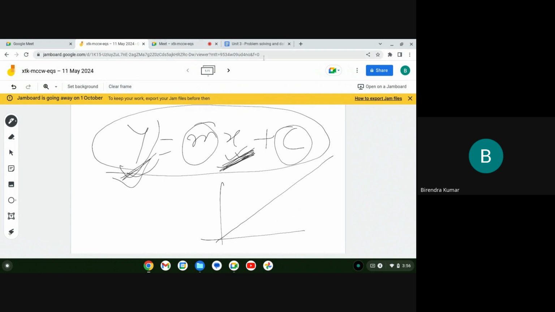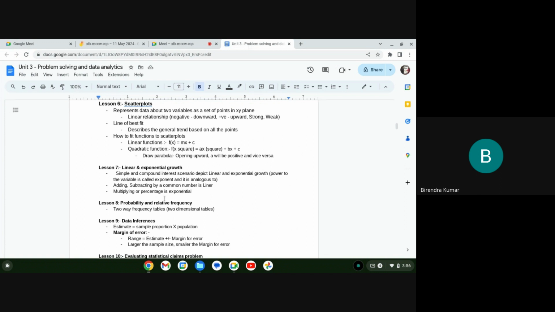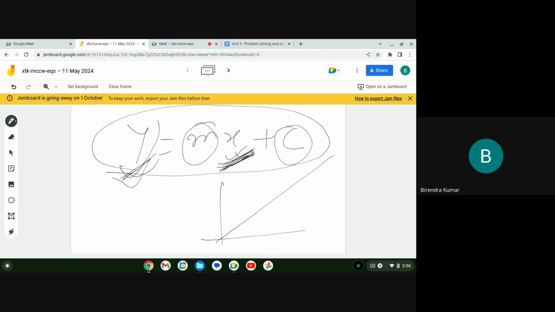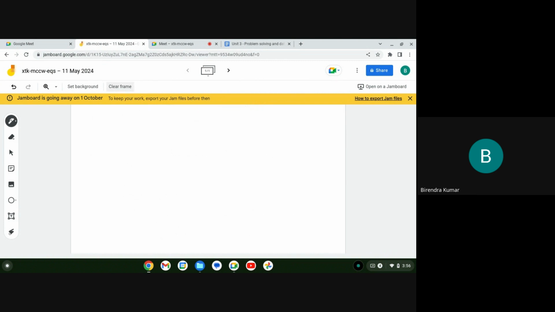So what are the examples of linear growth? Very simple. Adding or subtracting a common number is linear, or even multiplying. So here we are adding or multiplying by a common number, a simple calculation. That is an example of linear growth or a linear equation. Linear growth and a linear equation mean the same thing, where your value changes with the elapse of time or against the change of another value in a linear way, where it plots a straight line.